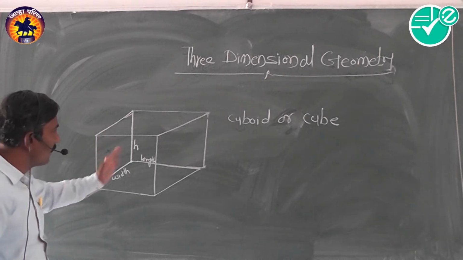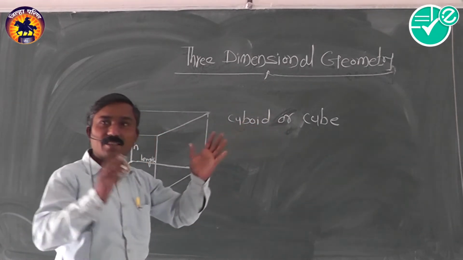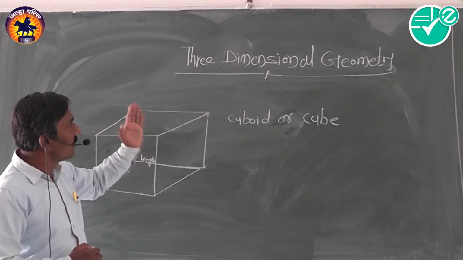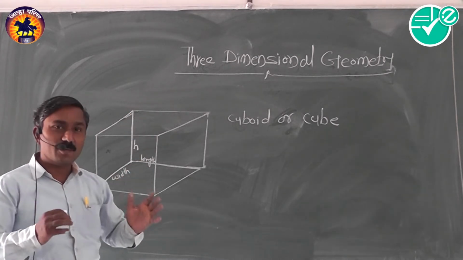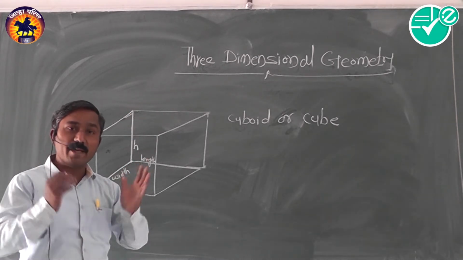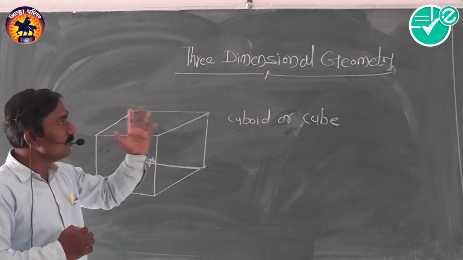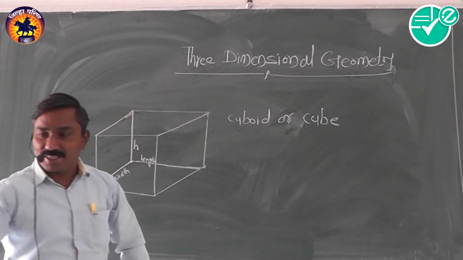So a cuboid or cube are the shapes of those dimensions. In this chapter, three-dimensional geometry, we have to learn the mathematics used in geometry. So let's start with the figure.